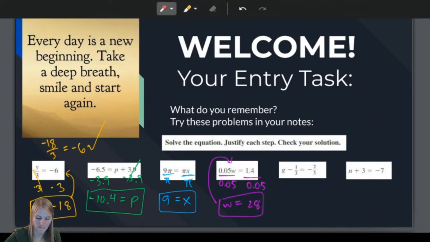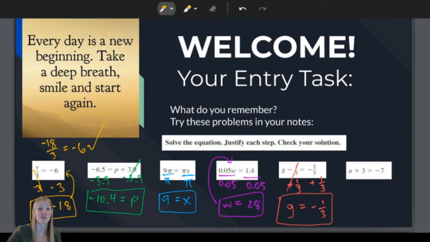Okay, different color. G minus 1/3. So I need to plus 1/3 to both sides of the equation. That gives me that G equals, let's see, -2/3 plus 1/3 is minus 1/3. Check me if you think I'm wrong.